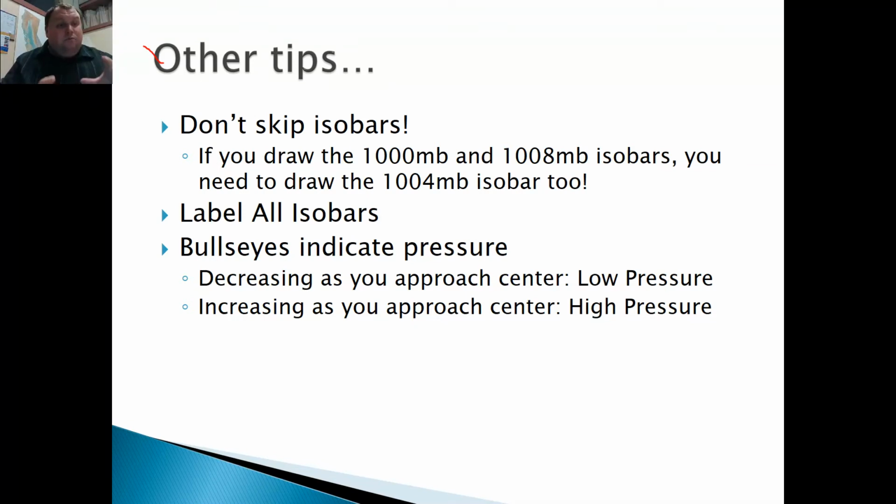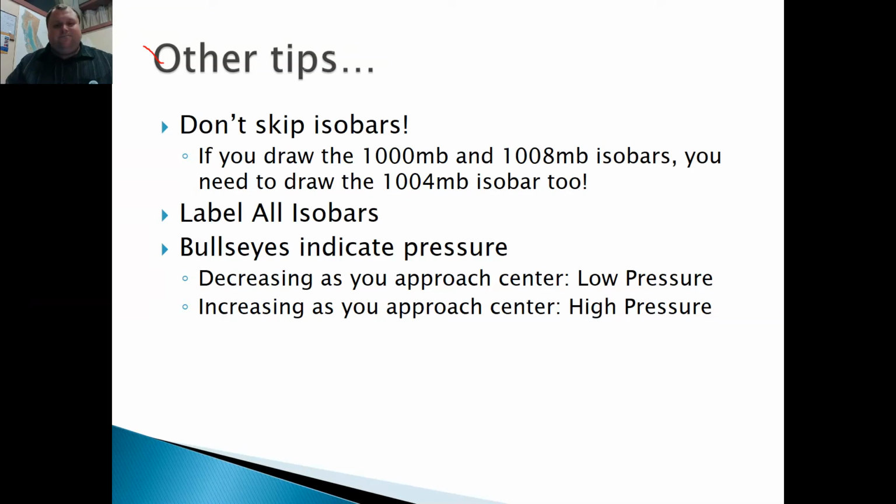Why? Because as you're approaching the center, isobars are going down, down, and down. On the other hand, if isobars are going up, up, and up, as you're approaching the center, you are entering an area of high pressure. So it's low pressure if they decrease towards the center, high pressure if they increase towards the center.